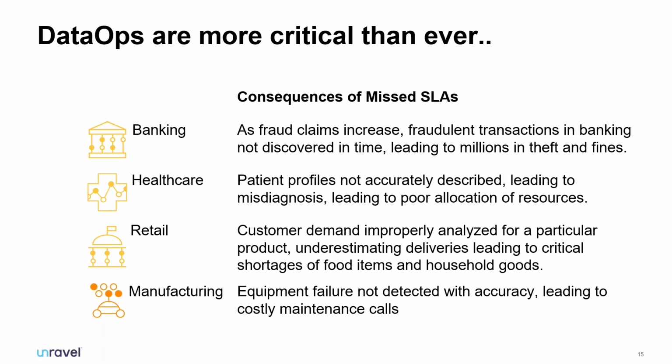The consequences of not having proper remediation for these SLAs really lead to millions in theft and fines, and the costs go way beyond just compute and storage in terms of what improper data operations can cost you.